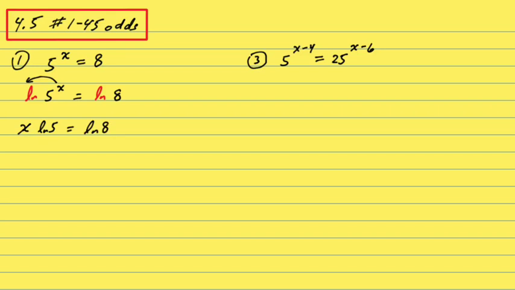And the opposite of multiplying by natural log of 5 is to divide by natural log of 5. So I'll do that to both sides, and I get my answer to be natural log of 8 divided by natural log of 5.